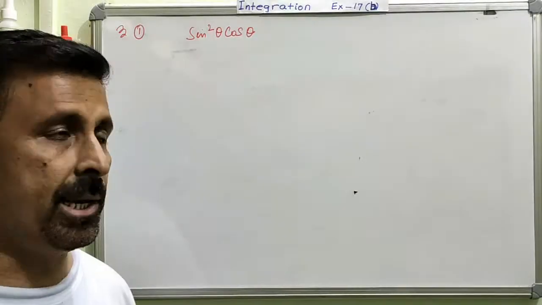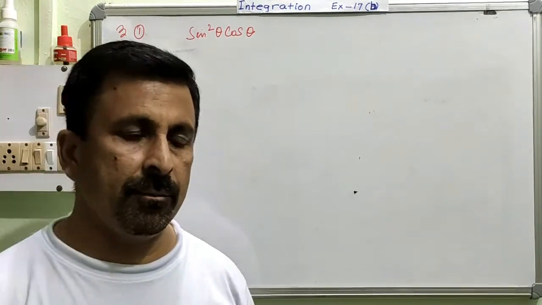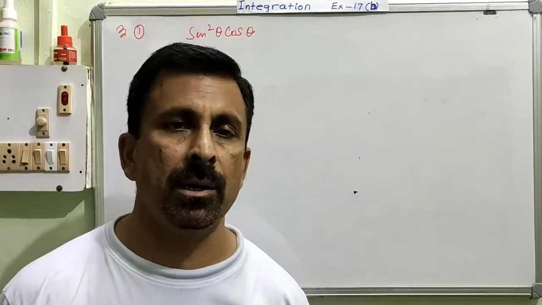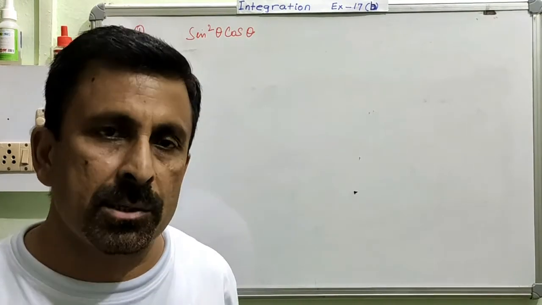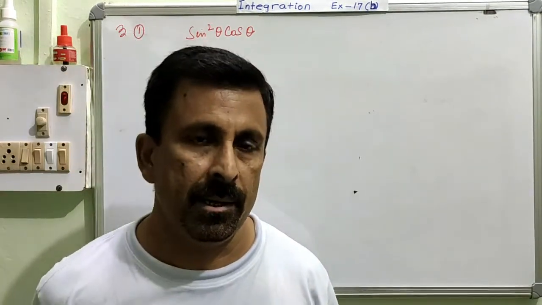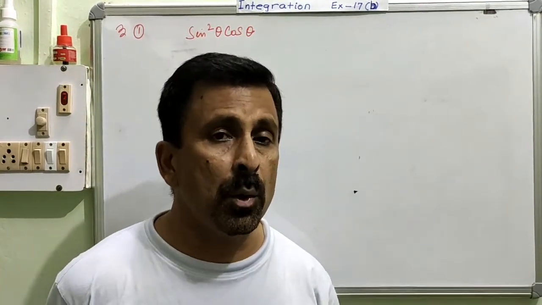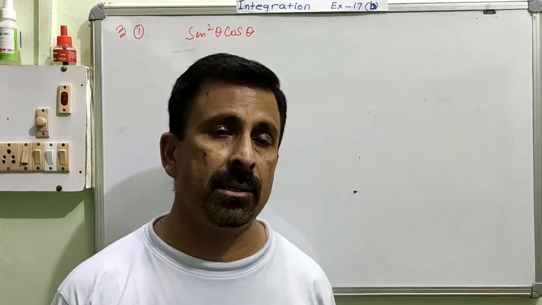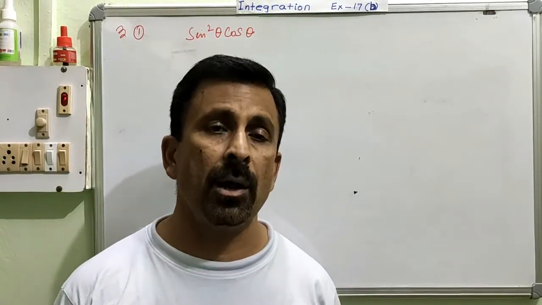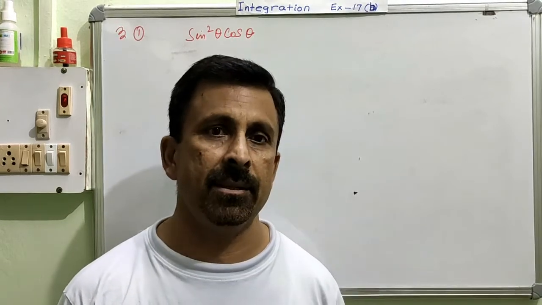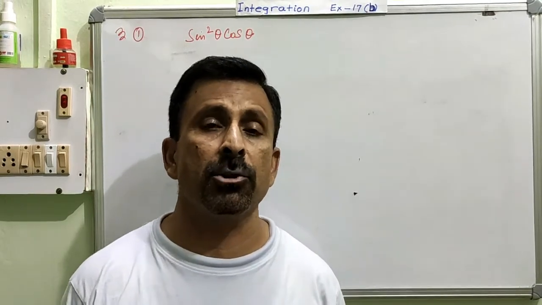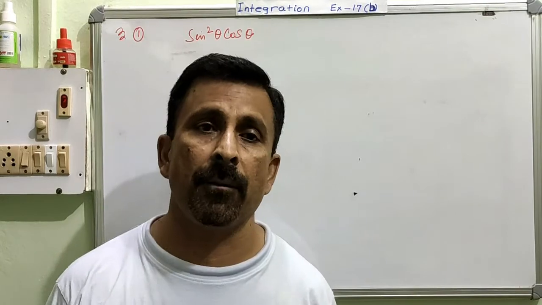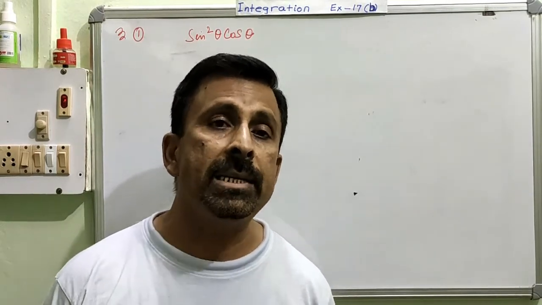Now question number 3. Now here you will see that we will get the function in the form of either product or quotient. And as I told you, we have no product or quotient rule in integration. So if we get functions in the form of product or quotient, how can we integrate?